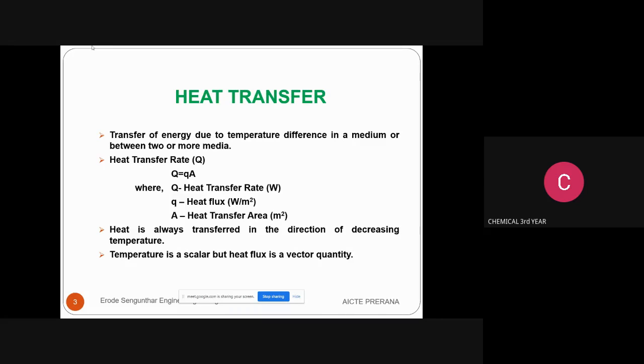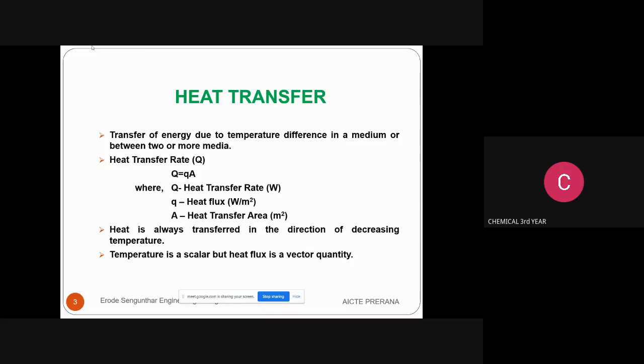In conduction itself, we'll see what law we are using and how we can use that law to solve the problem, to find the heat flux, to find the temperature at the inlet point and outlet point, and how we can find the thermal conductivity. Because we all know the thermal conductivity changes for each and every material. So all these concepts we'll discuss in this session.